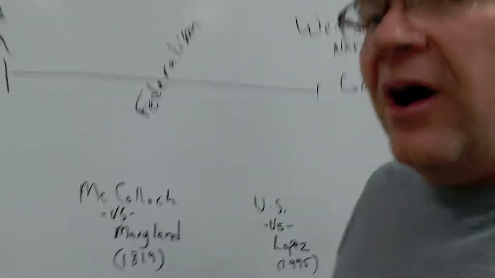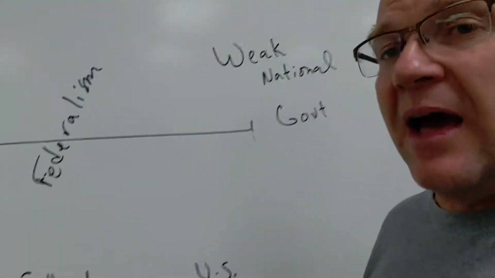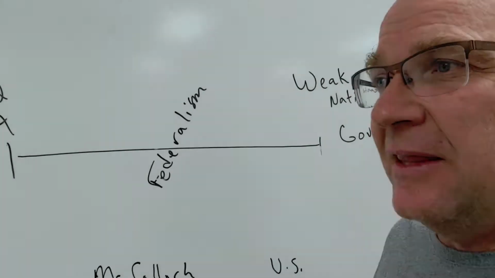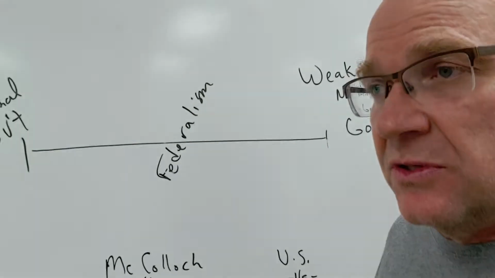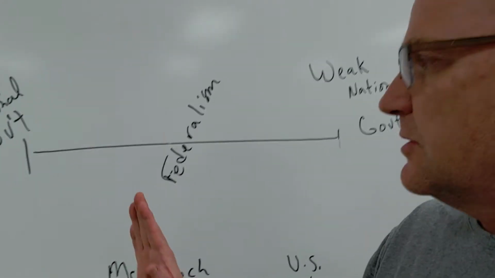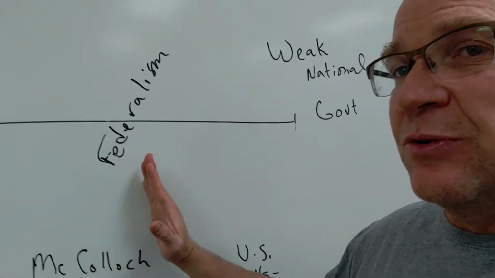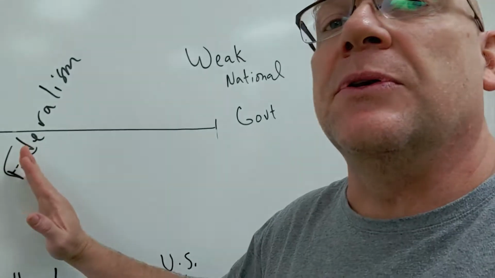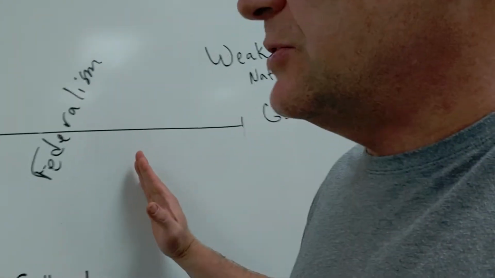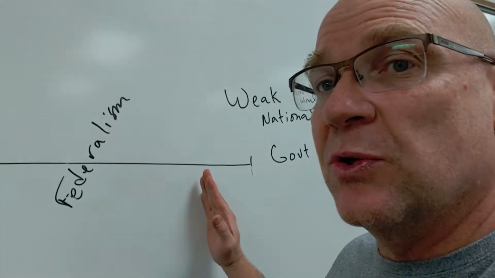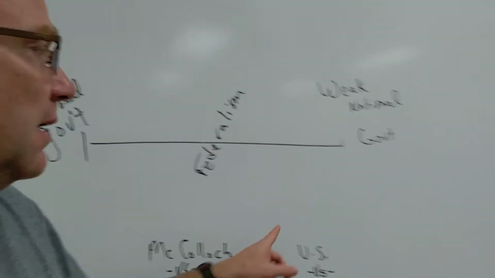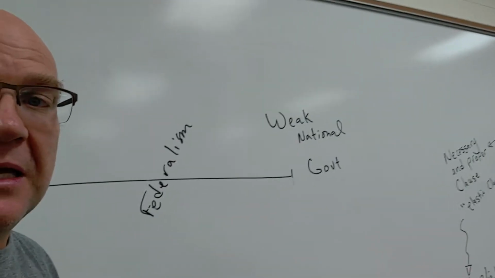Okay. Now, obviously, you can see it has quite the opposite effect. When the Supreme Court decides with Lopez that the Gun-Free School Zone Act is unconstitutional, it basically starts restoring power to state governments. And it is able to push this whole idea of federalism back towards a weak central government and give more power to the states.